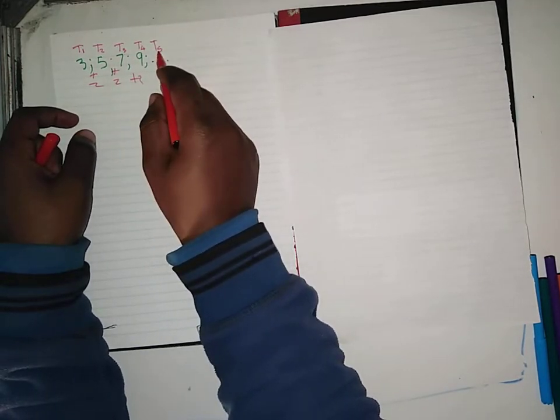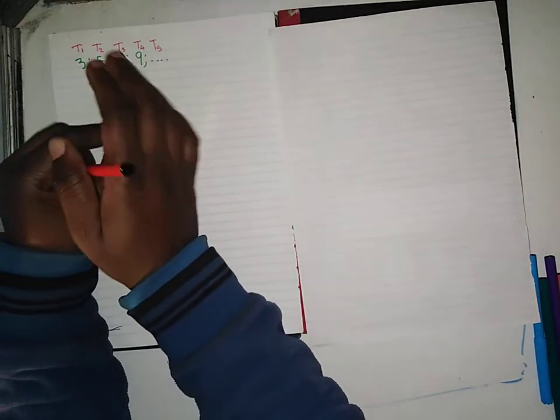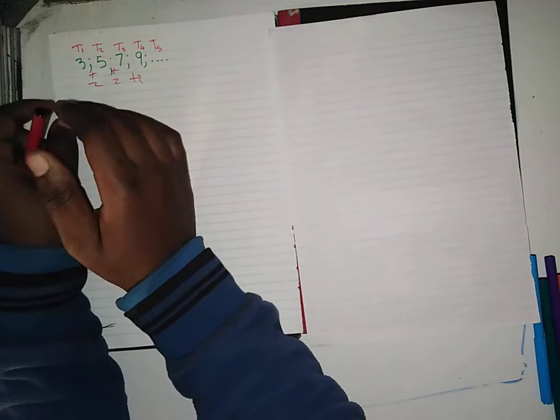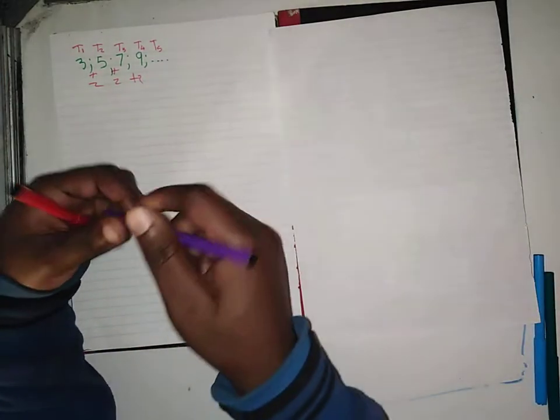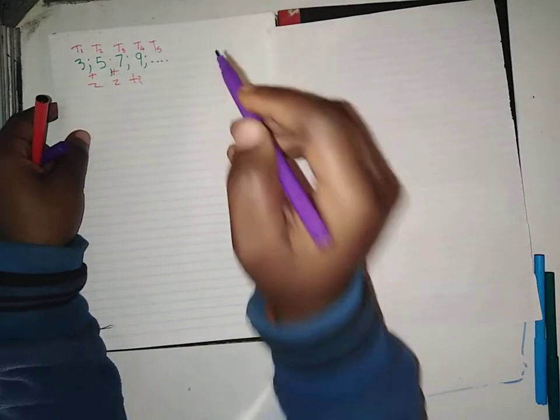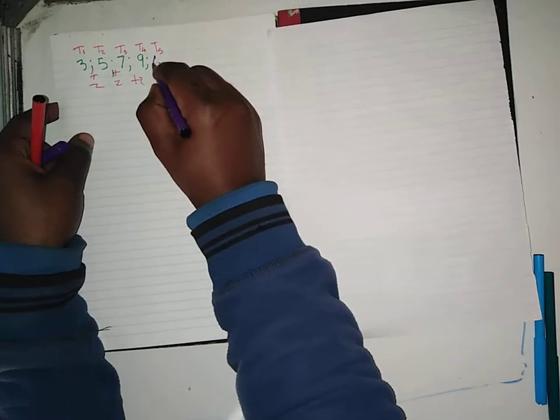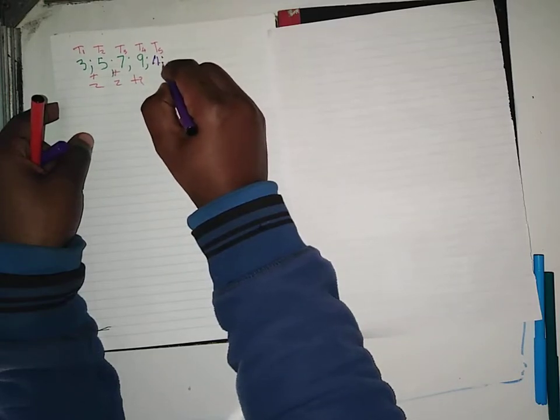If I wanted T5, I will also add 2, because all of these other numbers were obtained through adding 2. So 9 plus 2 is nothing other than 11.